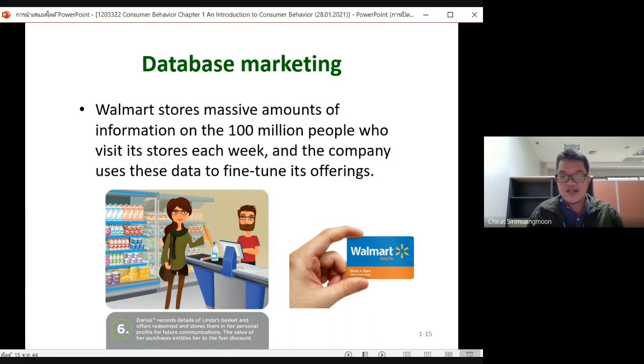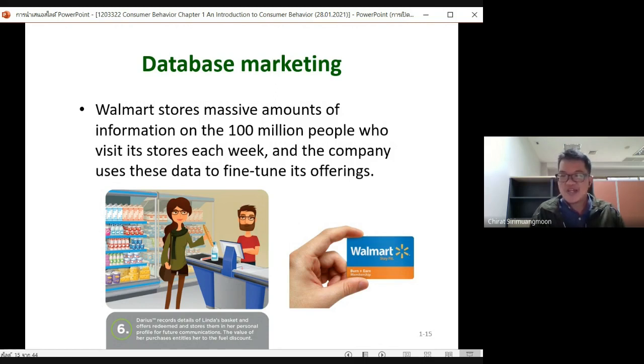Every time I bought products, they scanned my card and collected the data, and someday they sent me a coupon or a special gift. How did they know? They used the data that they had and offered me something that I might like.